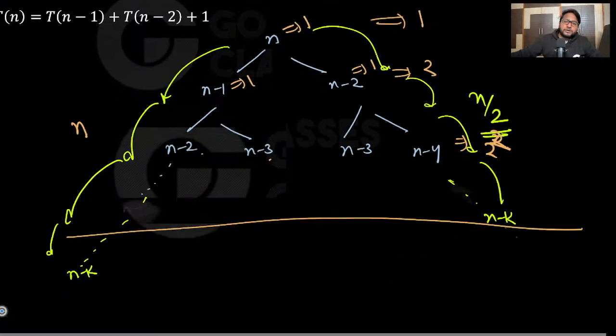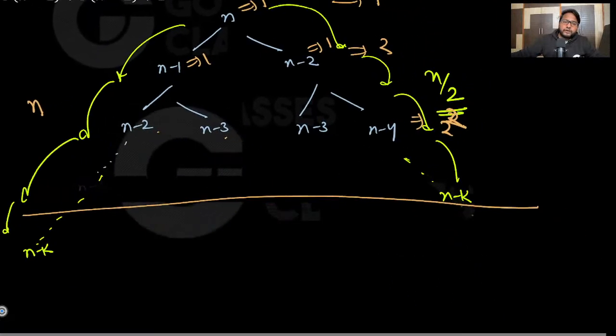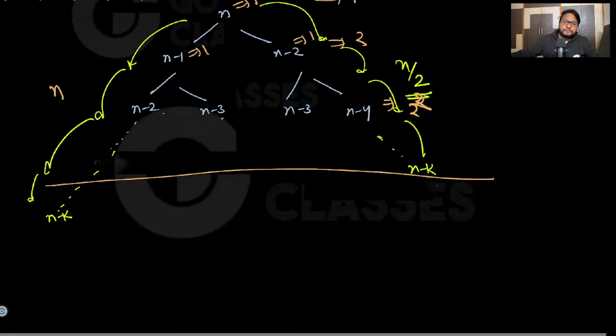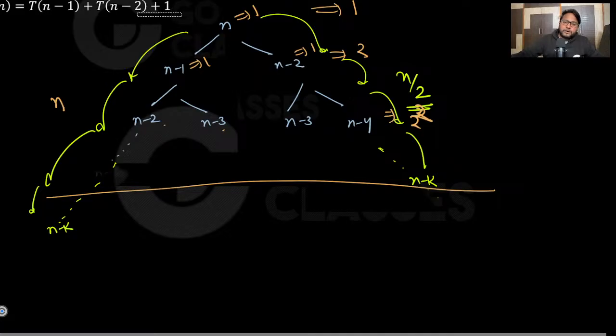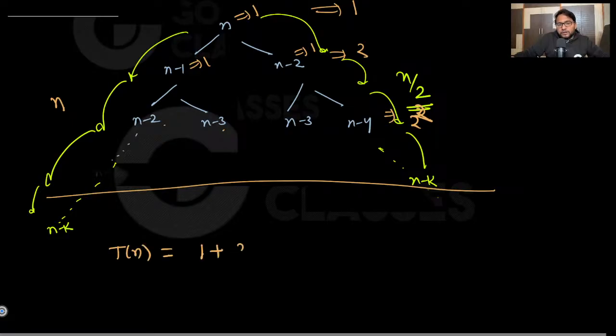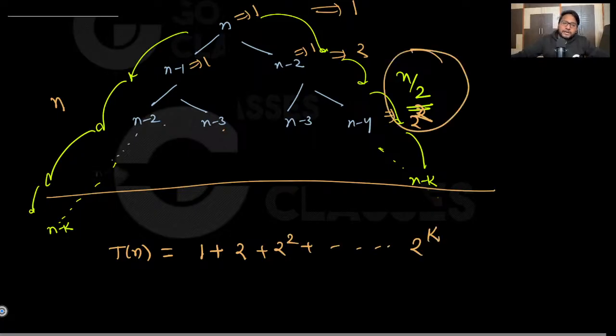To solve this question, we can say that Tn is going to be 1 work, then 2 work, then 2 power 2 work, and then ultimately 2 power k work, where k will depend. Here this k is n by 2, here this k is n.